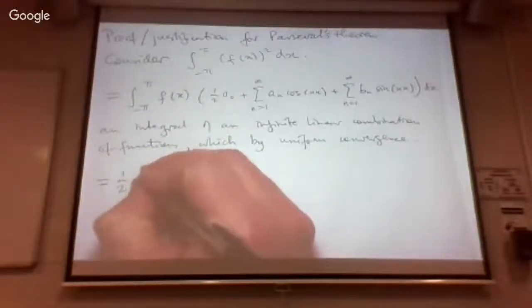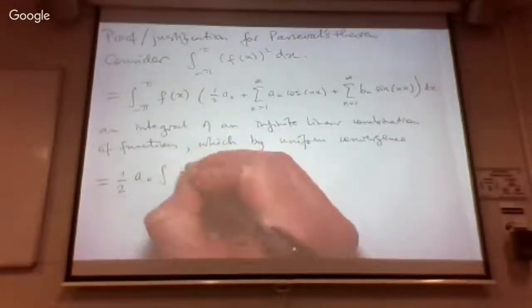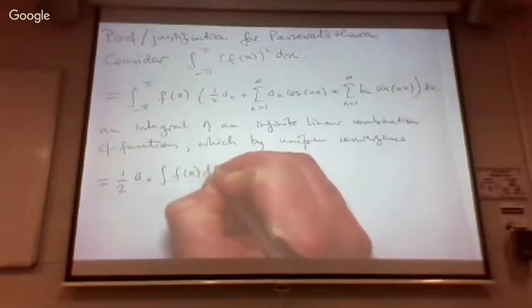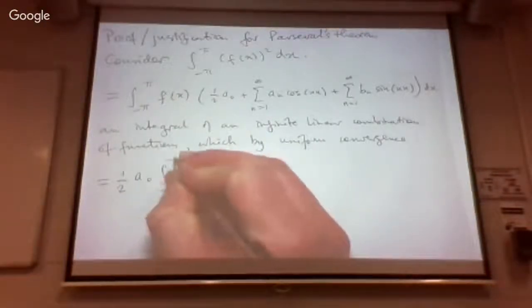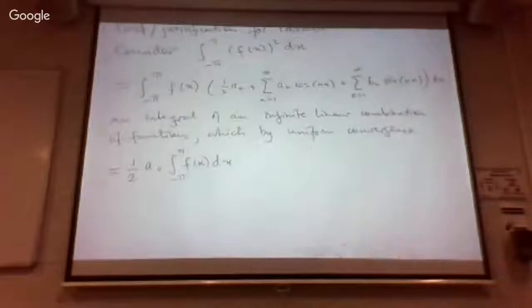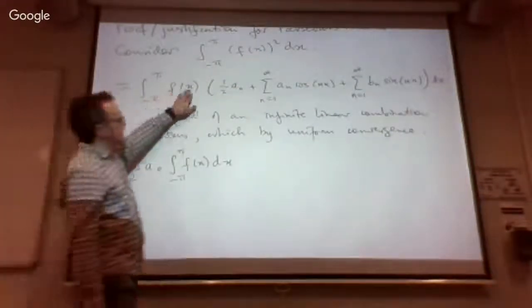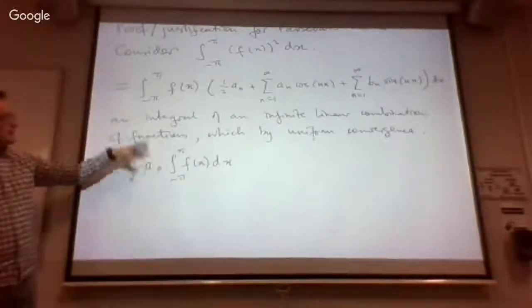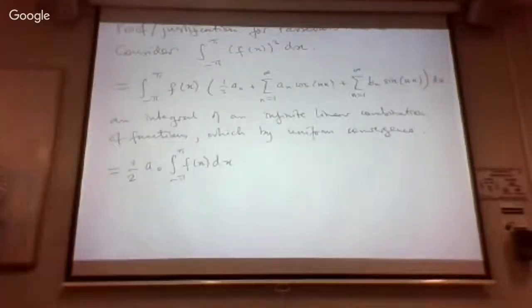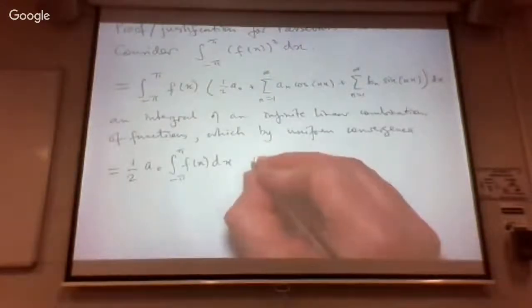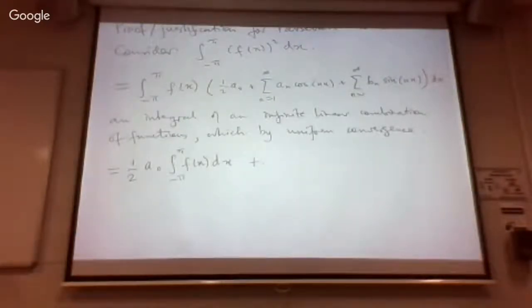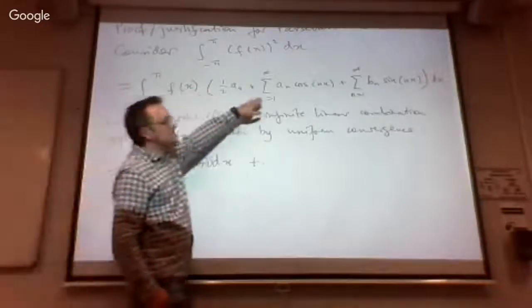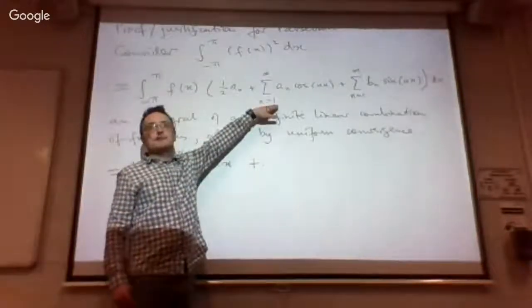So I can say this is a half of a naught times the integral of f of x dx. All these integrals are from minus pi to pi. Because when you multiply this f of x by this first term here, you have a half a naught f of x. Applying the linearity means I'm going to have this integral here. And then I have f of x times this infinite sum here.